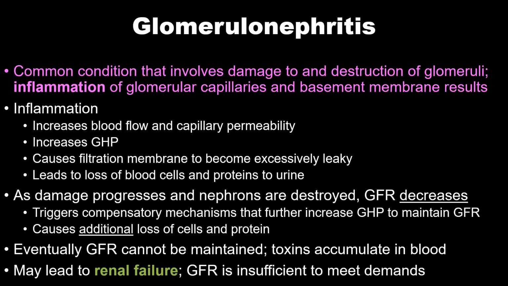Eventually, however, these mechanisms are not going to be able to restore the GFR, and so toxic substances will accumulate in the blood. And this can lead to complete and total renal failure, where the GFR is not able to allow the kidneys to do their job. This is very, very dangerous. This is just the loss of blood and protein into that filtrate, and it cannot be recovered.